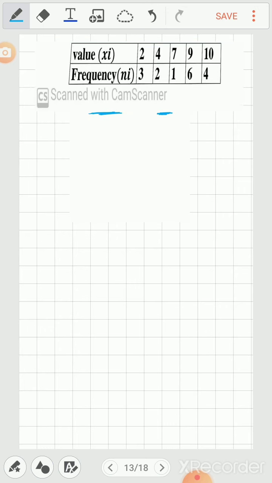Now construct an x-axis. This is x-axis. This is y-axis. Okay, this is the origin. So on the x-axis we set the modalities xi.